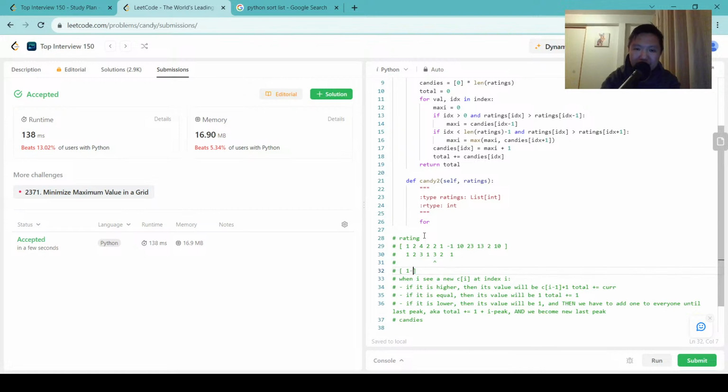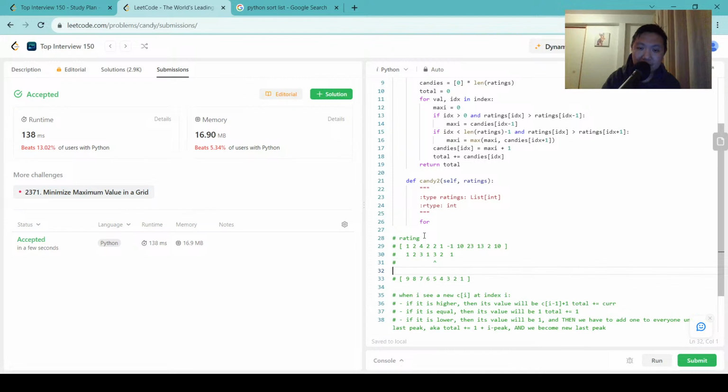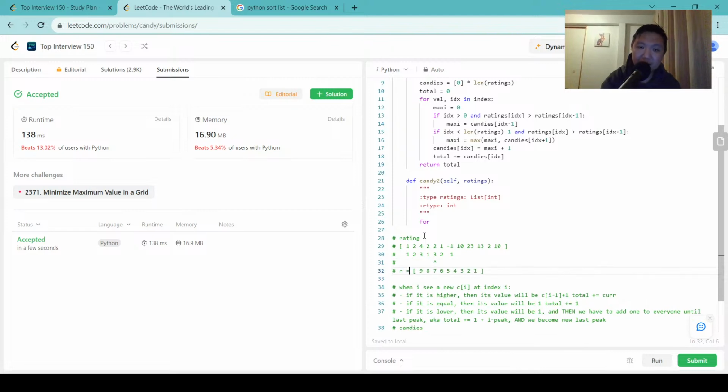So the idea of the peak is to keep track of, like in this example, just to push this point down: 9, 8, 7, 6, 4, 5, 4, 3, 2, 1. Okay, in this example, let's say R equals ratings, so candy will look like this.